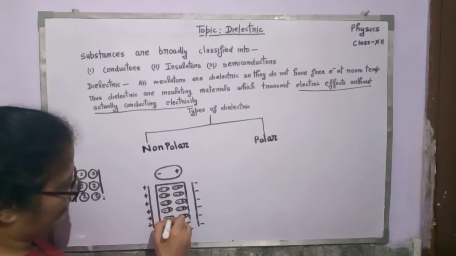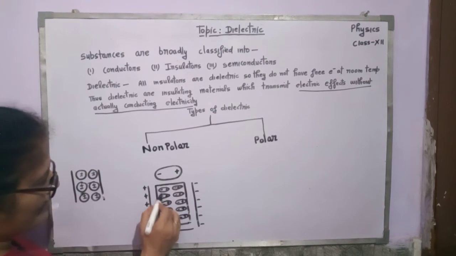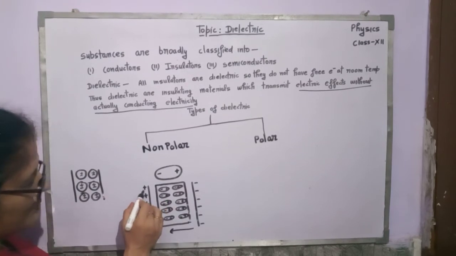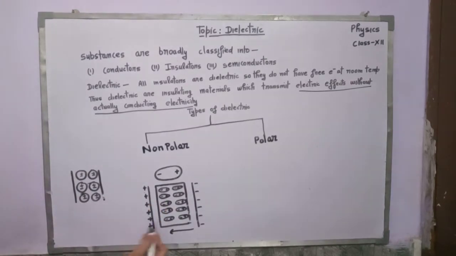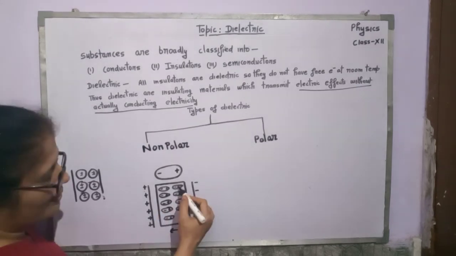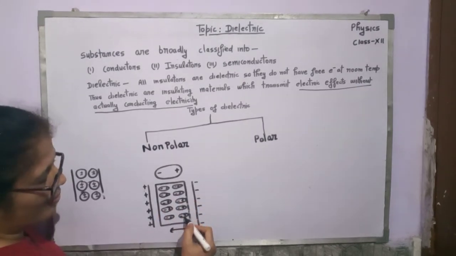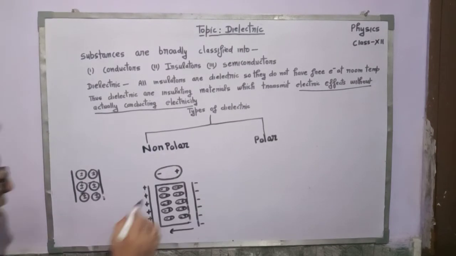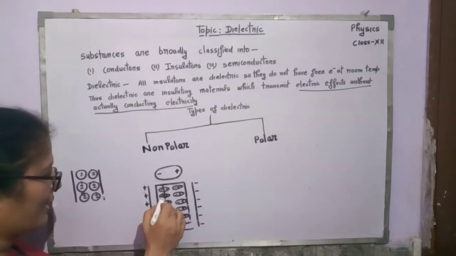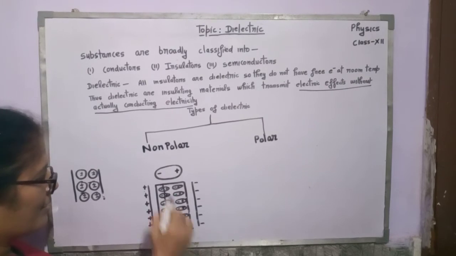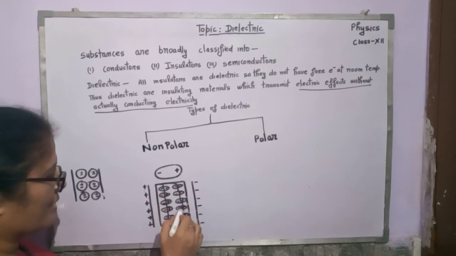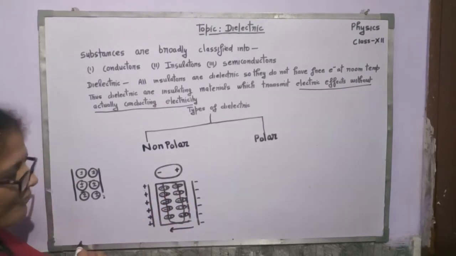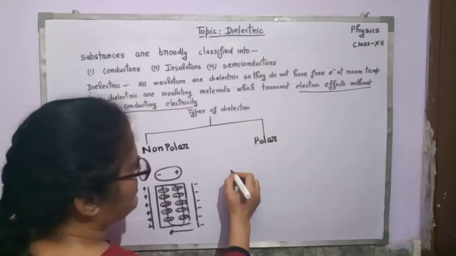Now this negative charge is bound to this positive charge due to the force of attraction. Similarly, this positive charge is bound with this negative charge due to the force of attraction. The charges lying in between, these two layers of charges, cancel each other's effect.